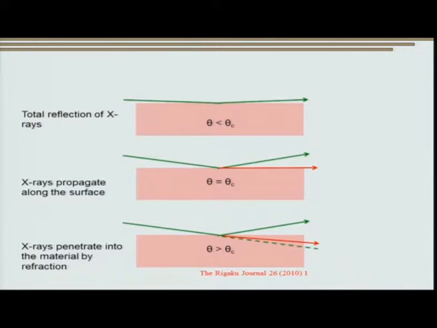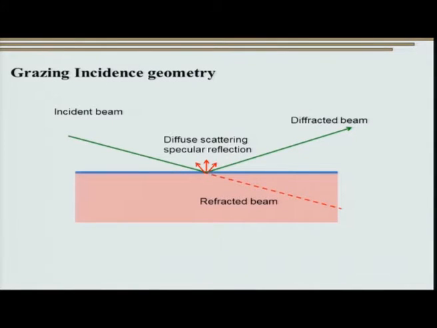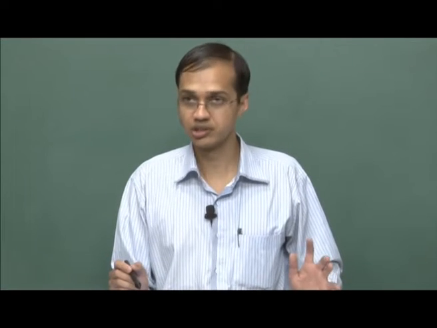Imagine now, let us go to the previous slide and look at a realistic situation wherein we not only have a substrate, but also a thin film, or say something like quantum dots, different morphologies, or nanoparticles which are deposited on the surface of this substrate.